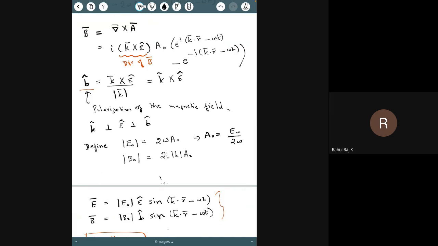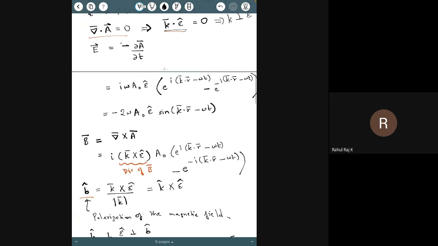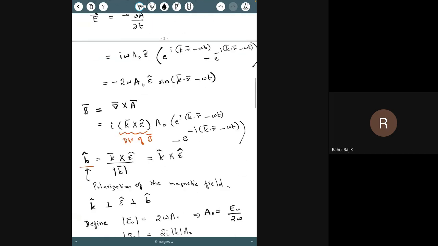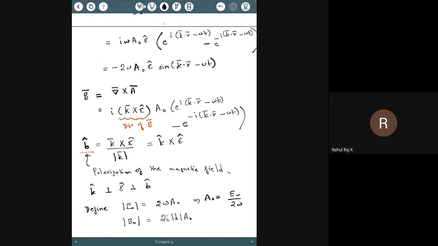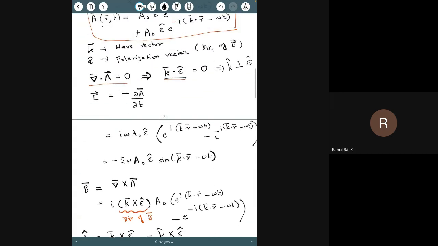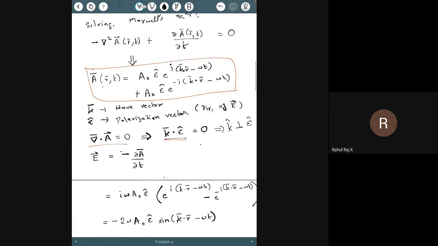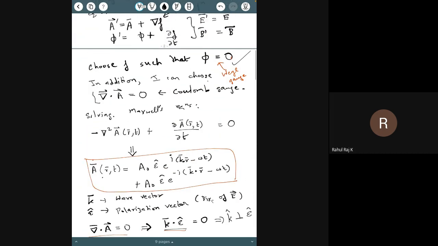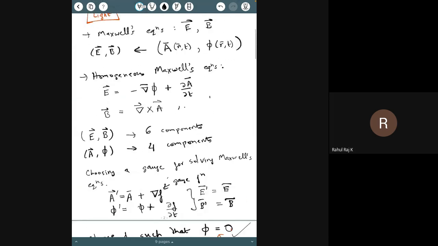Okay, so we had E is equal to this one. So A0 is equal to, where did we introduce that? I should have had an i somewhere.